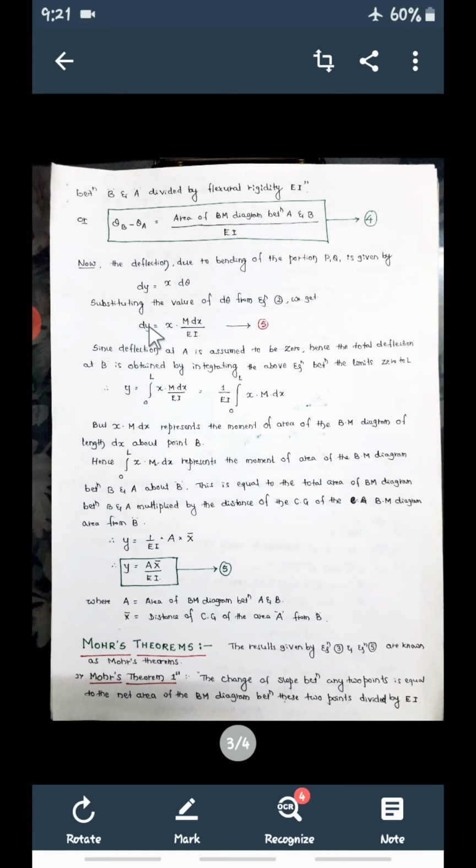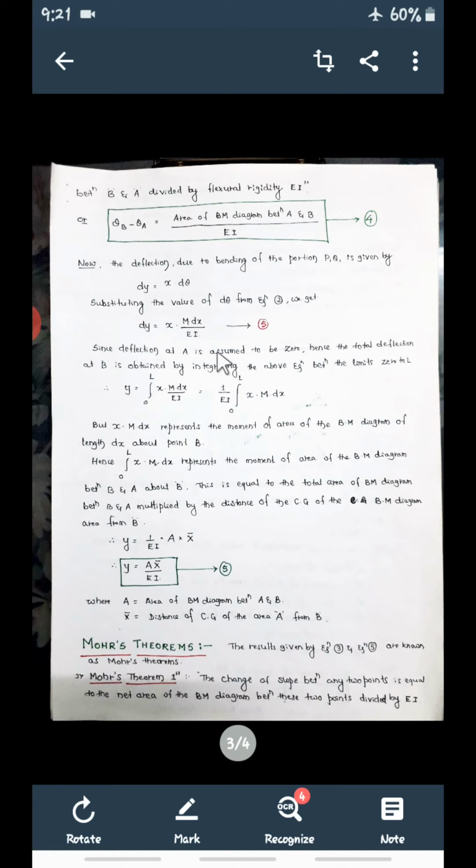So dy is equal to x into d theta, which is m by EI into dx, or m dx by EI. Write this as equation number 5.